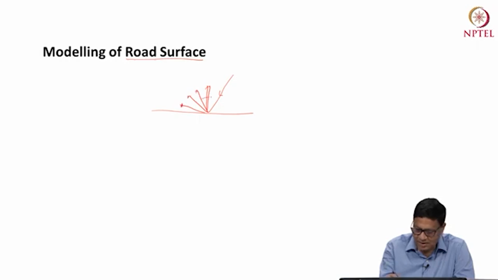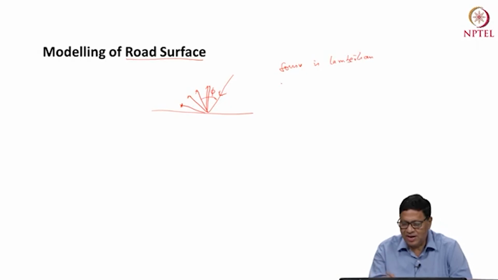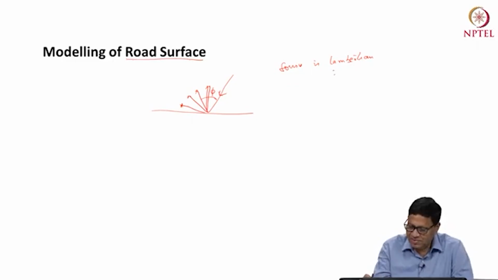And this typical angle is actually phi, which is not constant. It is changing. So this is the input light. Let us assume the source is Lambertian, which is not a good approximation, but for simplicity, let us assume the source is Lambertian with Lambertian parameter as 1.